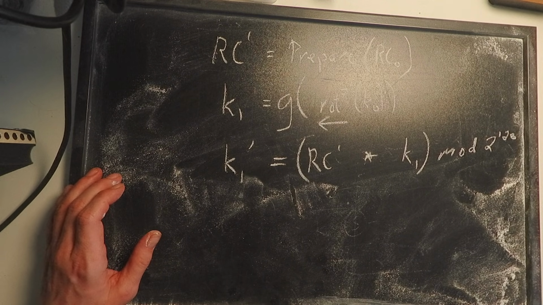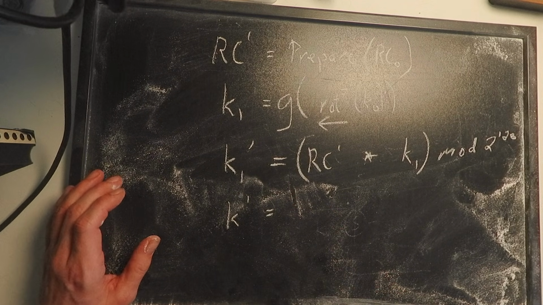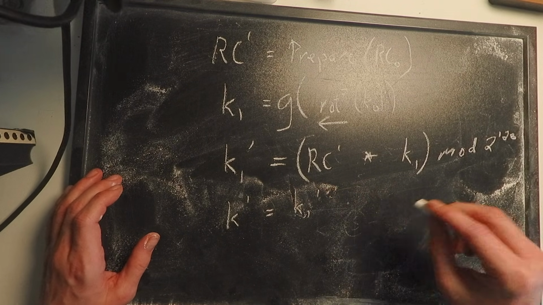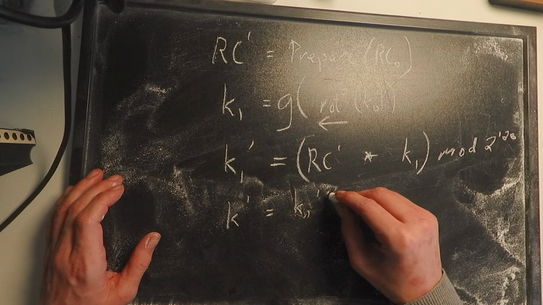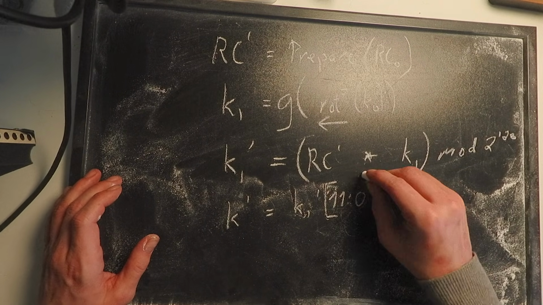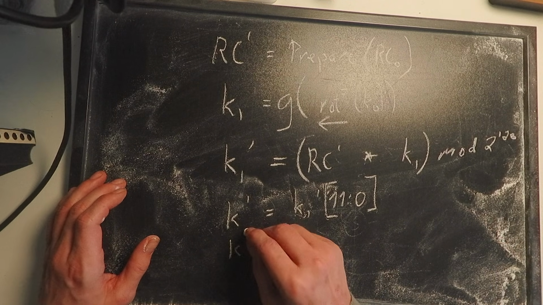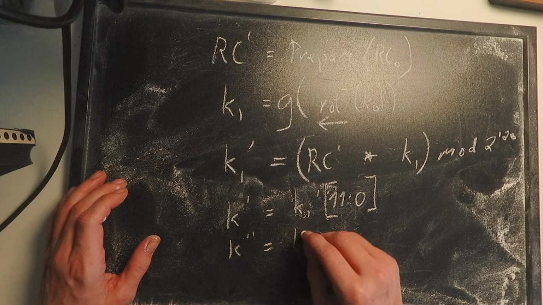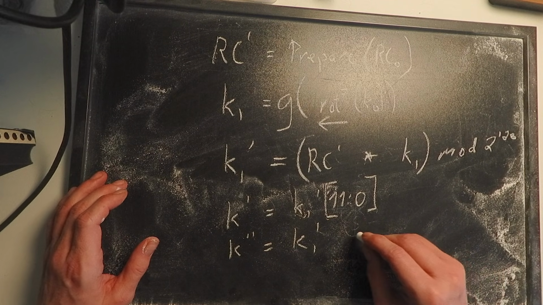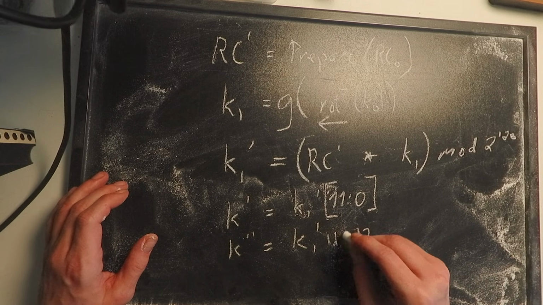And then we divide it up. So we have a k prime which is equal to k1 prime bit number 0 to 11. And we have a k double prime which is equal to k1 prime, and this is bit 12 to 127.